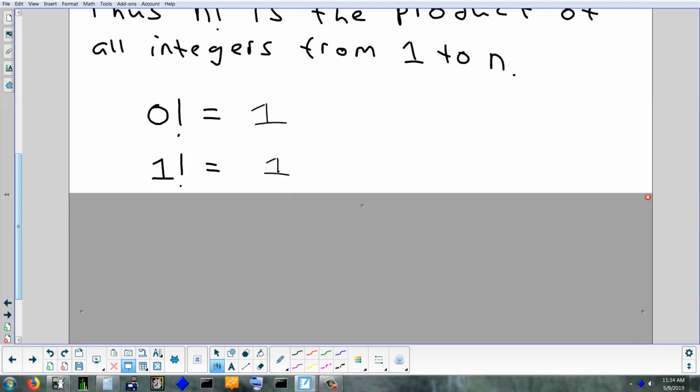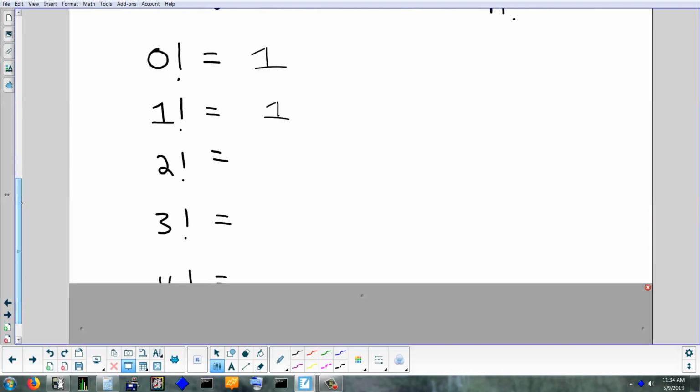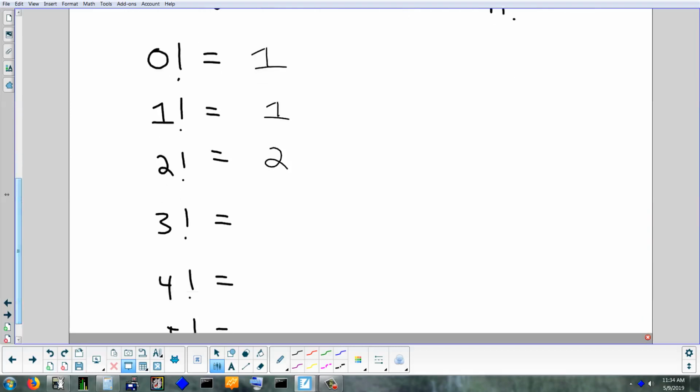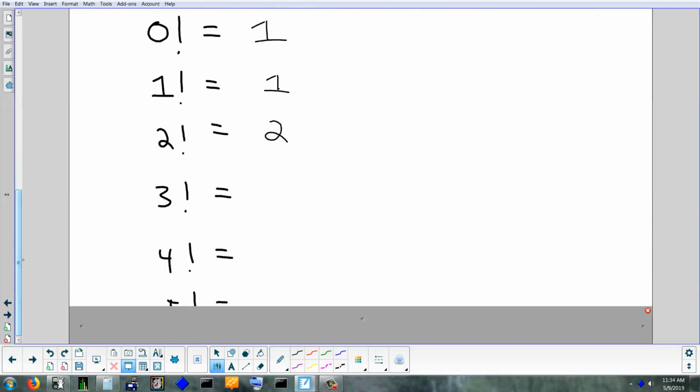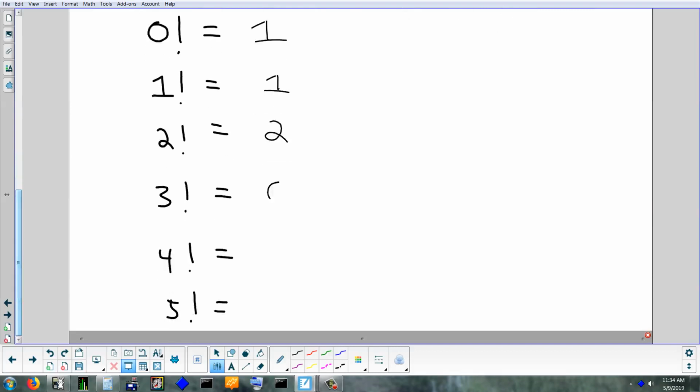How about 2 factorial? 2. So far it doesn't look like it's getting that big. 3 factorial? 6. And 4 factorial? 24. And then 5 factorial, we already did that one. That was 120. So it does start to get really big all of a sudden.